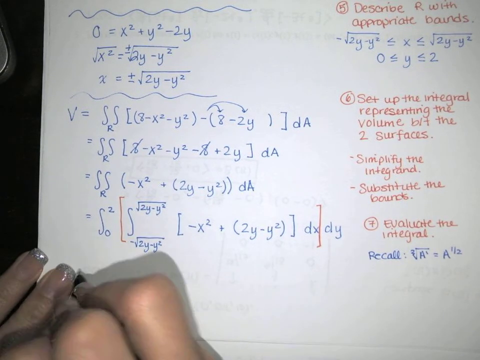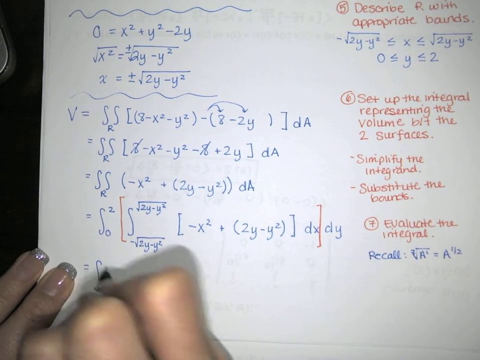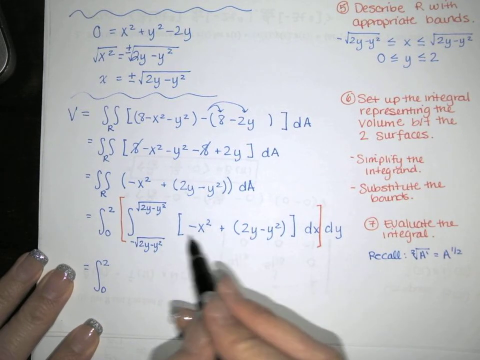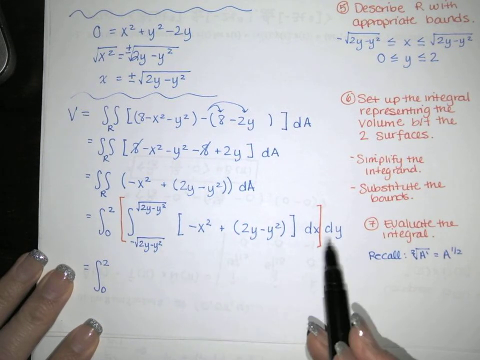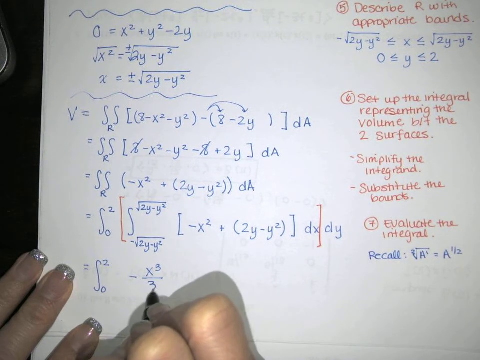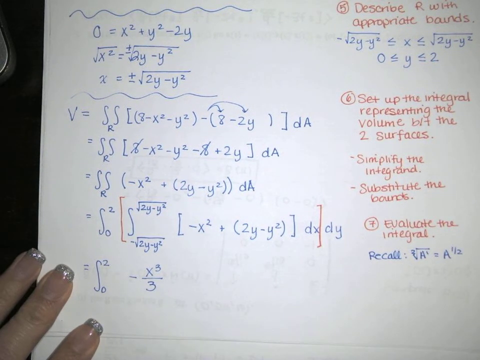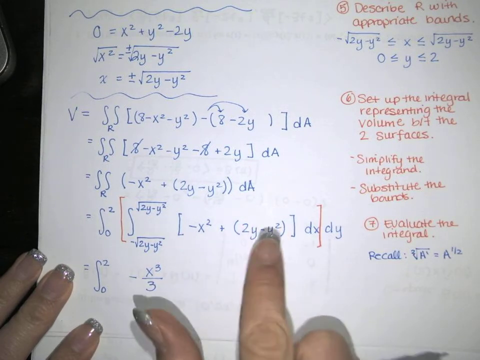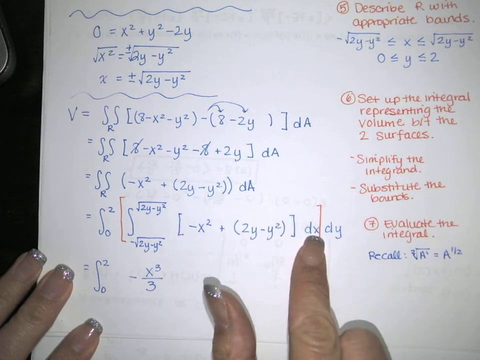So we're integrating with respect to x. The 0 to 2 on the outside, I'm not really doing anything with it. The antiderivative of negative x squared with respect to x is negative x cubed over 3, according to the power rule. And then this is constant with respect to x. The antiderivative of a constant is a constant times our variable.